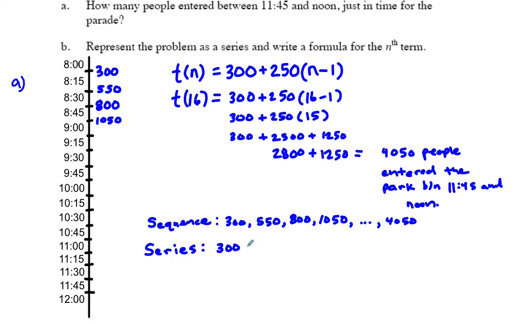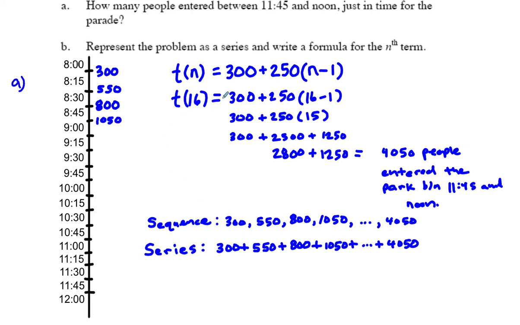So it's 300 plus 550 plus 800 plus 1,050 plus dot, dot, dot plus 4,050. That makes sense. So if we're trying to represent something as a series, all we're doing is listing out the sequence, but instead of using commas, we're putting plus signs in between them because eventually we're going to get to the point where we're adding it all together.